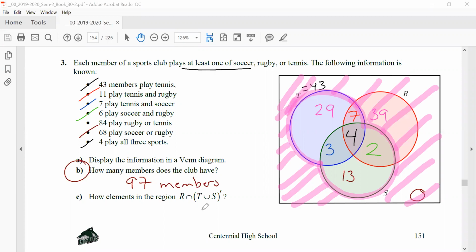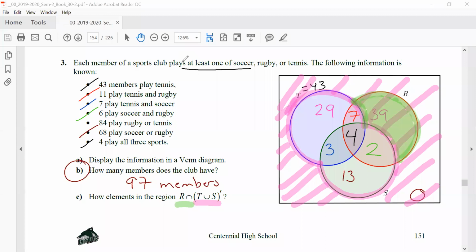So that's the first part right here done, T union S. But then I've got this other piece to worry about. It says R intersect this. So where does R intersect this pink shaded region? Right there. Right there. Answer is 39.